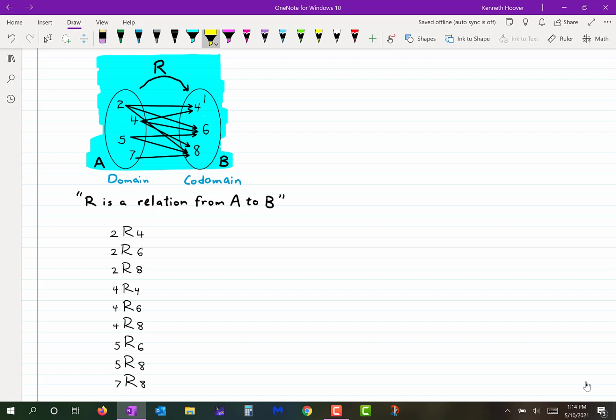Okay, so here's another way of representing a relation where you don't have to worry about overcrowding. This is usually very quick to write down. You lose the visual aspect, which is kind of a bummer, but it's quick and it's easy. Okay, but it makes you ask the question, I wonder if there's an even more condensed way to write this.